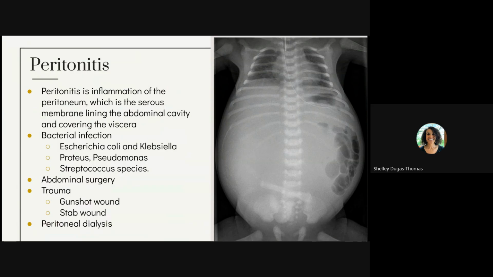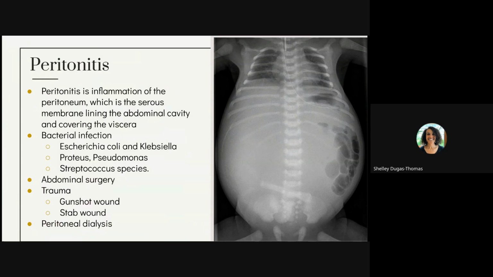So, peritonitis is inflammation of the peritoneum. We've talked about this before during the time when we talked about peritoneal dialysis. This is a serious membrane issue and should be addressed right away.